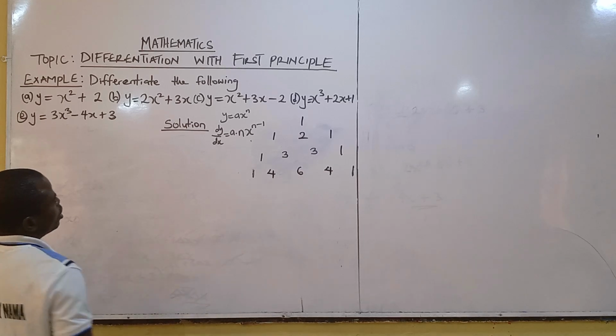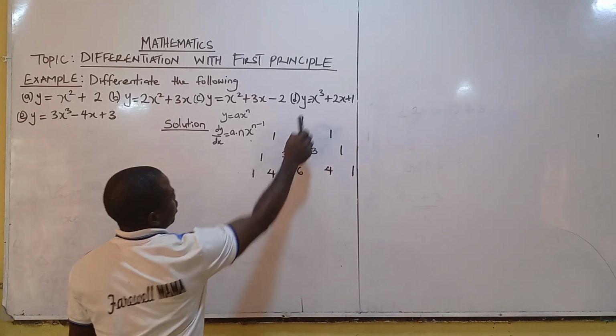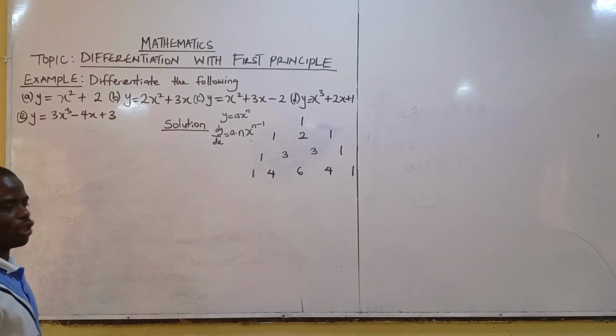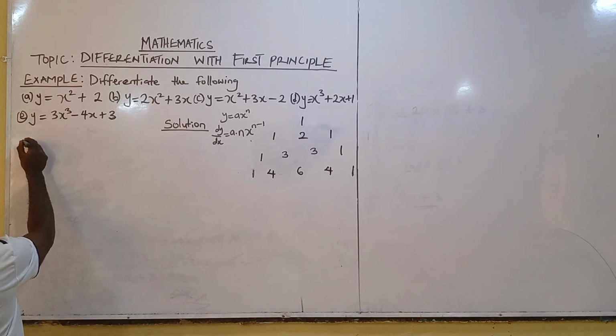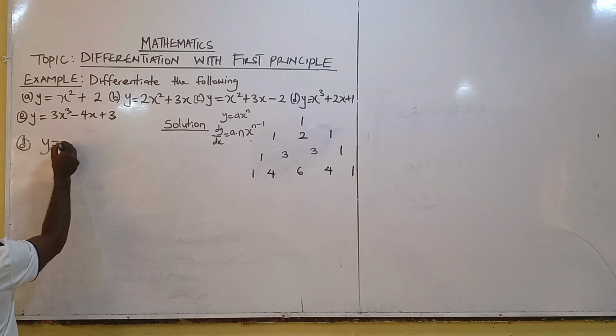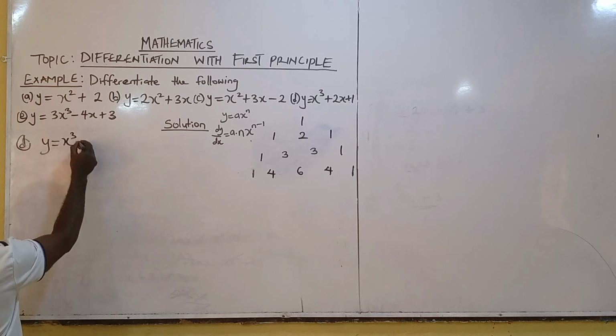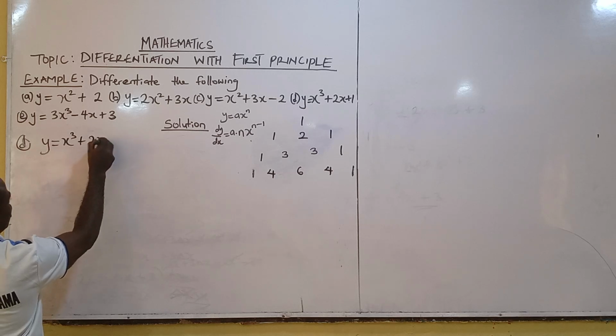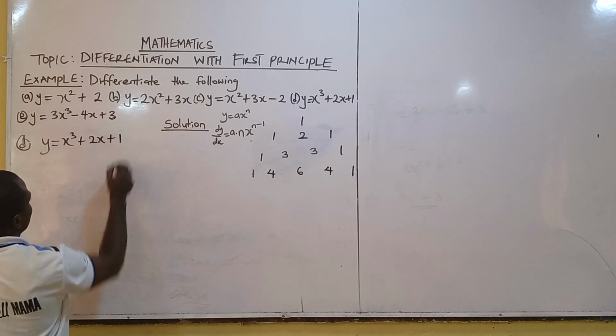The next question, the D part, is when you have x to be cubed: y equals x raised to the power 3 plus 2x plus 1.